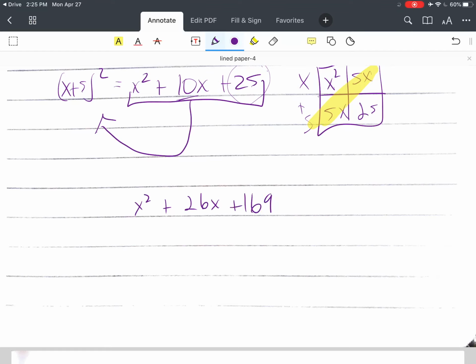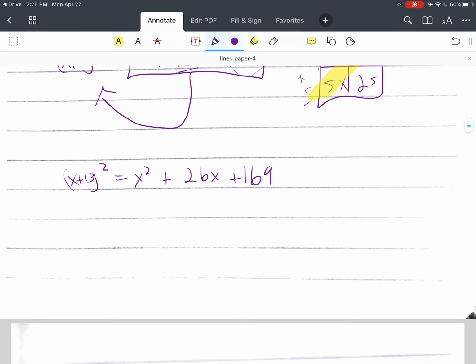Let's do another one. Maybe you don't know what the square root of 169 is. But what's half of 26? 13. And then you can check, is 13 times 13 equal to 169? If so, this equals (x plus 13) squared.